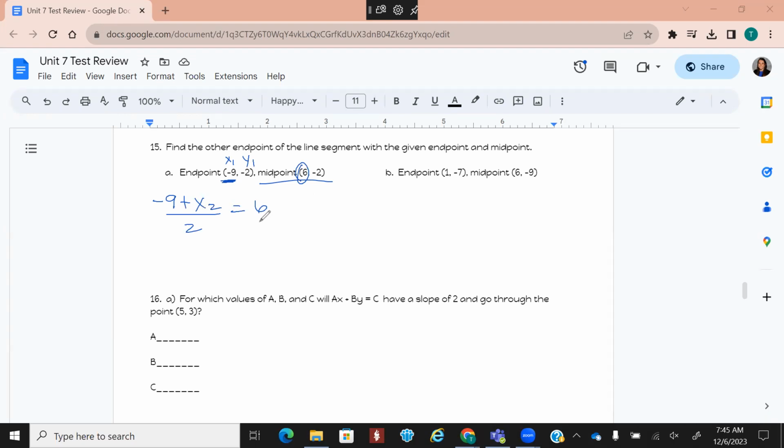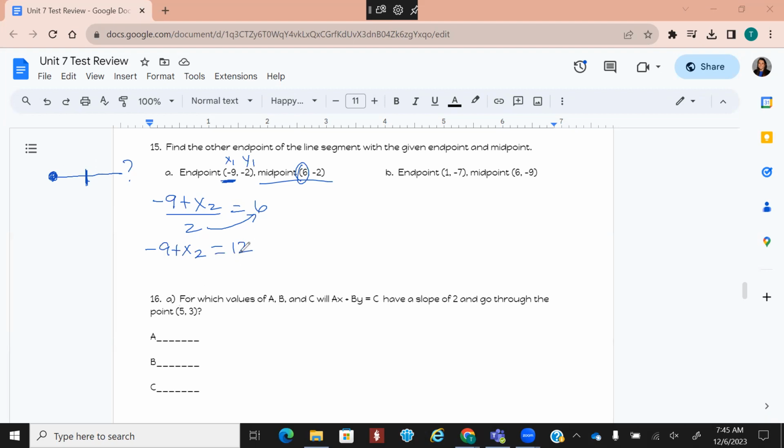Okay. So it's almost like we have this point and we have this point, but we don't know what this is. We're trying to find the other side. So now if we solve this, we're going to multiply by 2. And that's going to give us -9 plus x sub 2 equals 12.